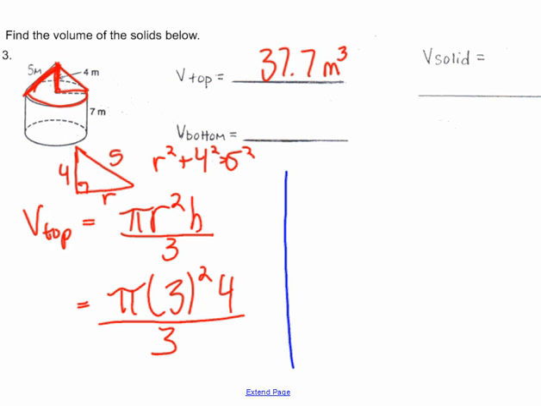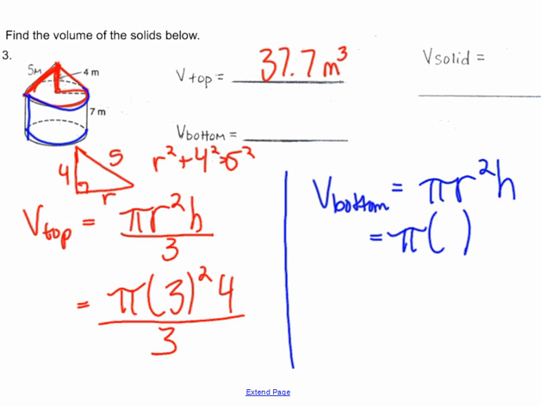Okay, so then I need to find the volume of the bottom. What is that? Cylinder? That's the same formula except there's no divide by 3. So it's just pi r squared times height. So pi, radius, well that would be the same as the cone, which was 3. And then the height of the cylinder is different, that's 7.